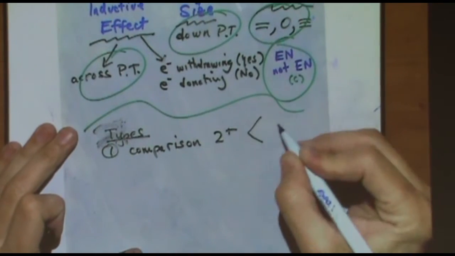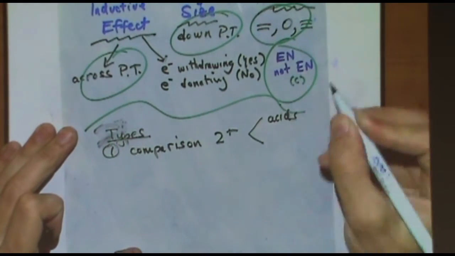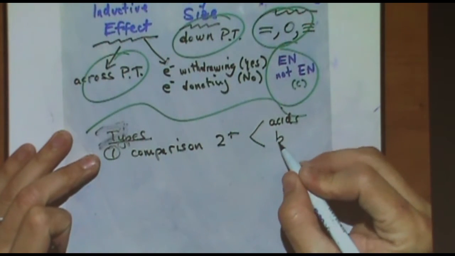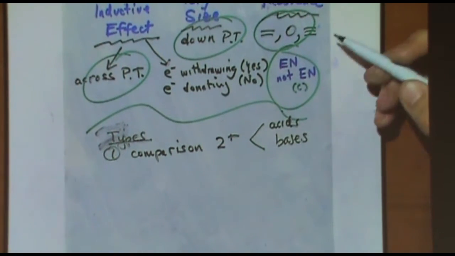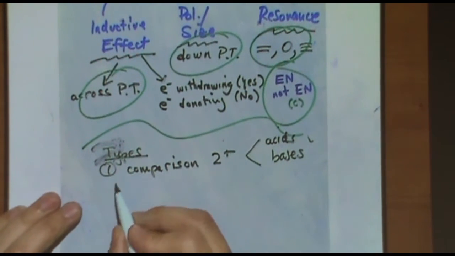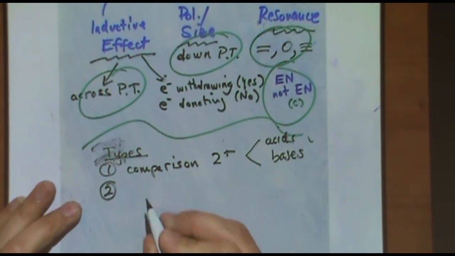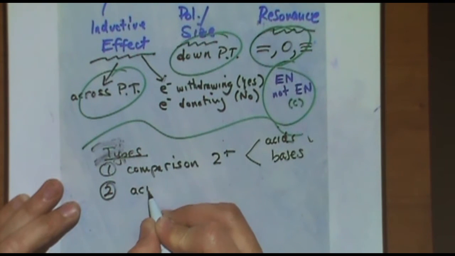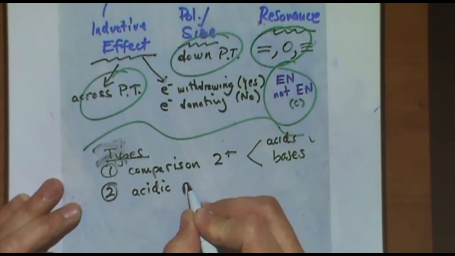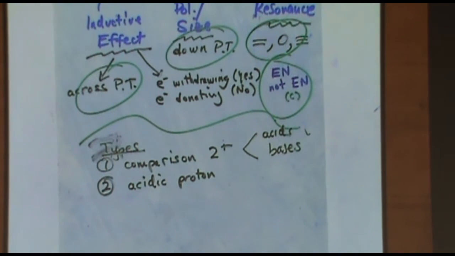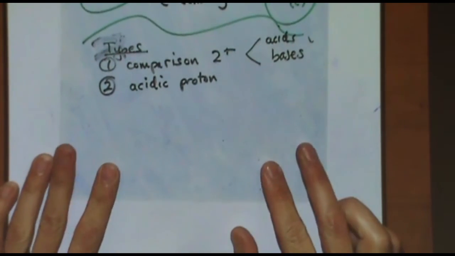So this could be acids, which is, well, I guess I'm putting 2 categories in one type here. Acids or bases. For acids, you follow what I circled. For bases, it's the opposite. Now, I guess there's only one other type, if you're looking at one molecule, but on that molecule you're trying to find the acidic proton. So on one molecule, which proton is going to be donated first?